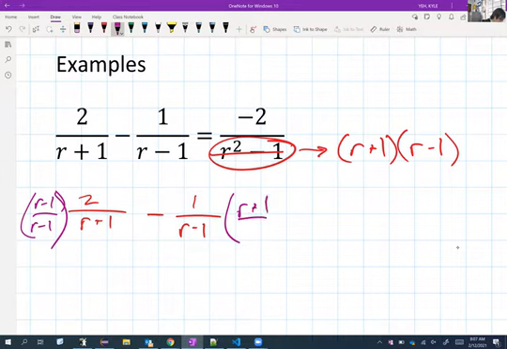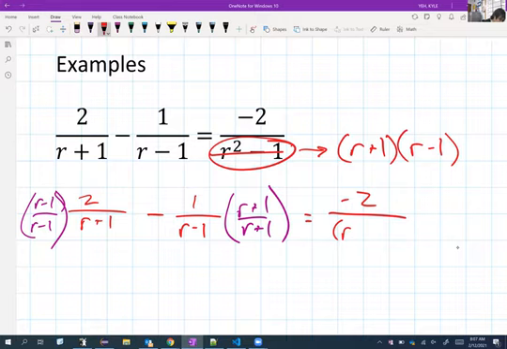The r plus 1. So I'll multiply by r plus 1 over r plus 1, equals negative 2 over r plus 1, r minus 1. Nothing's missing there. Take a glance at those denominators and notice they are all the same now. They're all r plus 1, r minus 1.